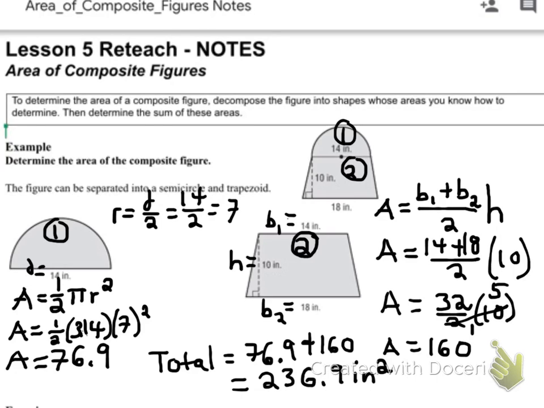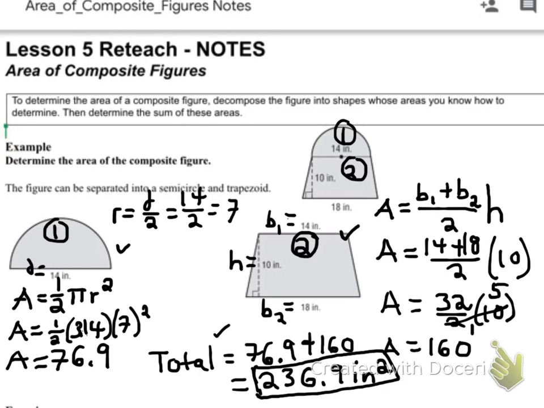And that's your total. And once again, to determine the area of the composite figure, we found the area of the semicircle and we found the area of the trapezoid, and we added them together.